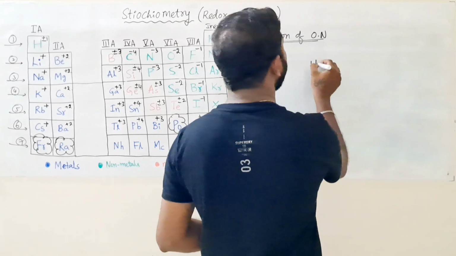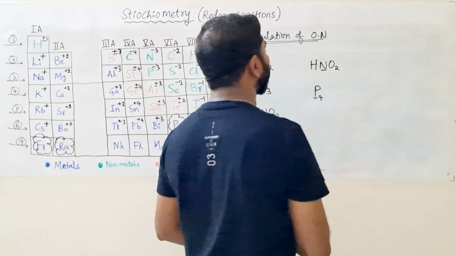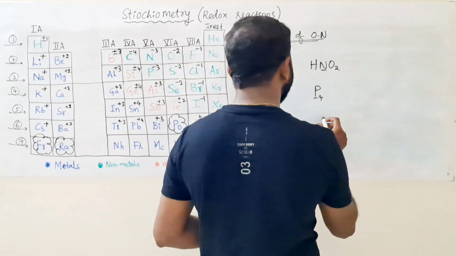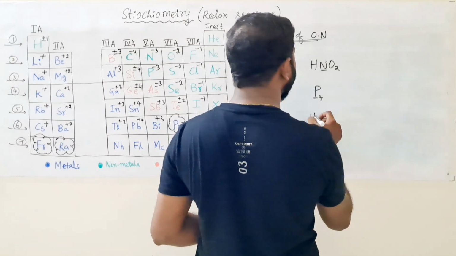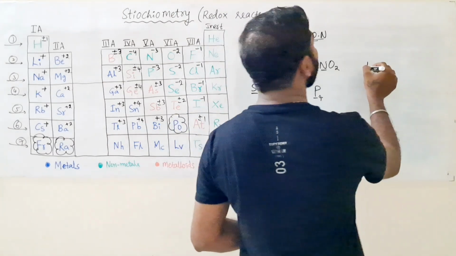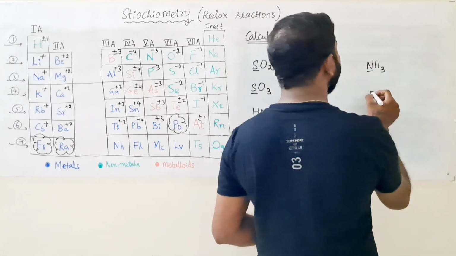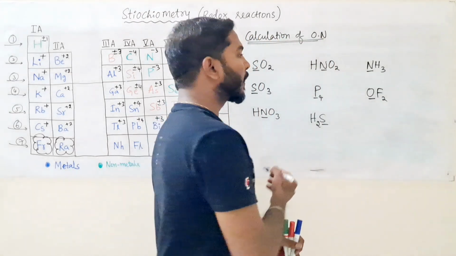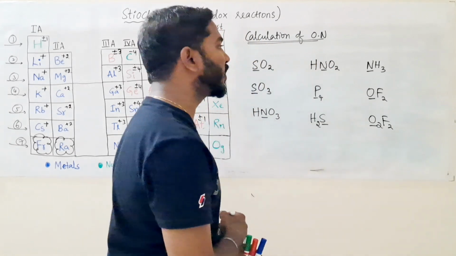And then we can take HNO2 in this and then you can calculate the oxidation number of phosphorus and we can calculate the oxidation number for sulfur in H2S and then you try to calculate the oxidation number for nitrogen and then for OF2 in oxygen and then O2F2 we need to calculate the oxidation number.